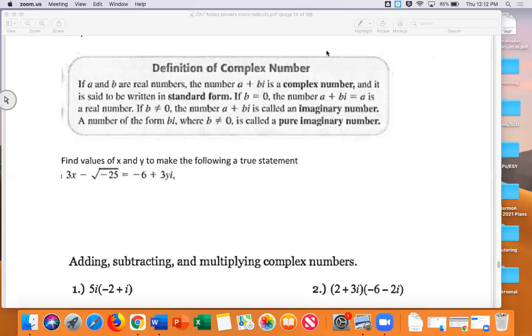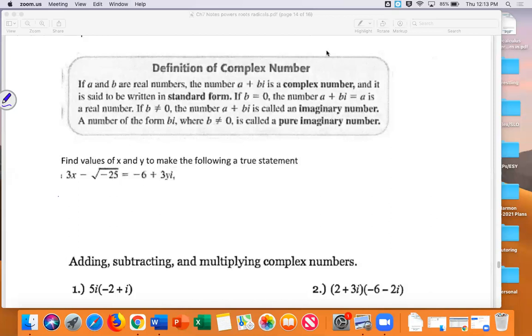So it has 3x minus the square root of -25 equals -6 plus 3yi. Now with these, it's not as difficult as it seems because you have 2 parts: a real part and an imaginary part. So what we need to do is make the left side broken down and simpler.